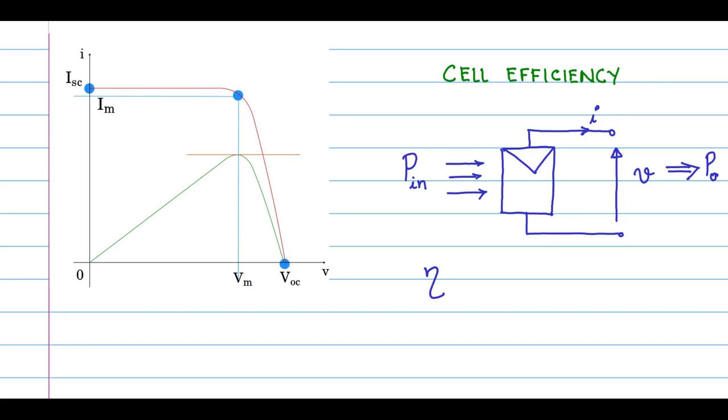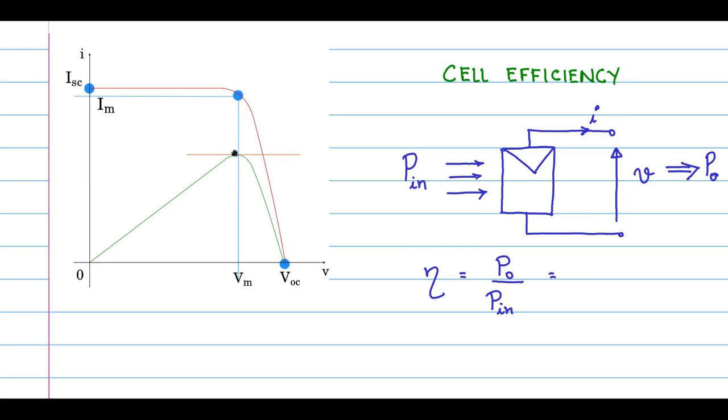This gives you an idea of the efficiency, which is given by P naught by P in, which is equal to P naught at peak power. So what is the maximum power that the PV cell is capable of giving at any particular installation?